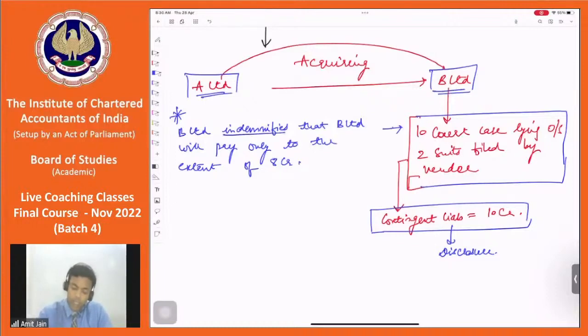Right? So B indemnifies that B Limited will pay only to the extent of 8 crore rupees. B Limited can also say I will pay 10 crore rupees. B Limited can also say I will pay to the extent of 12 crore rupees. Right?